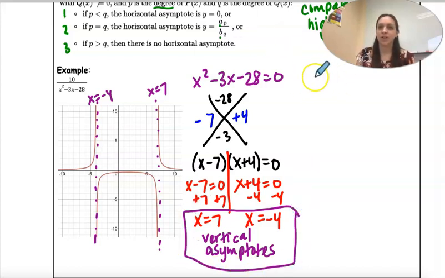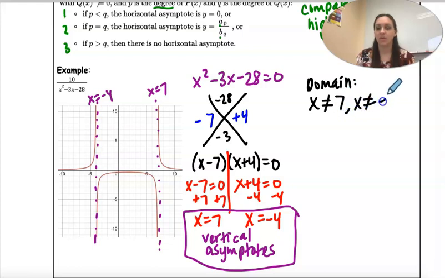Okay, so when we look at domain, that tells us that x cannot equal 7 and x cannot equal negative 4 because they're asymptotes. We can't have a 0 in the denominator. So for domain, we want all these lines.